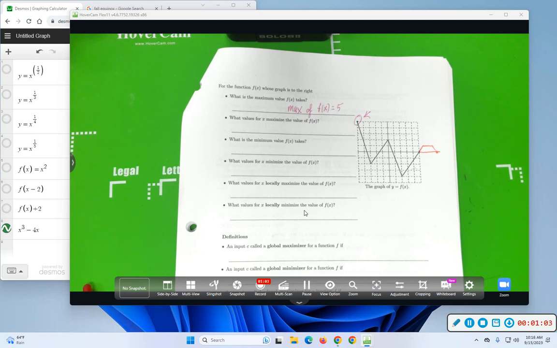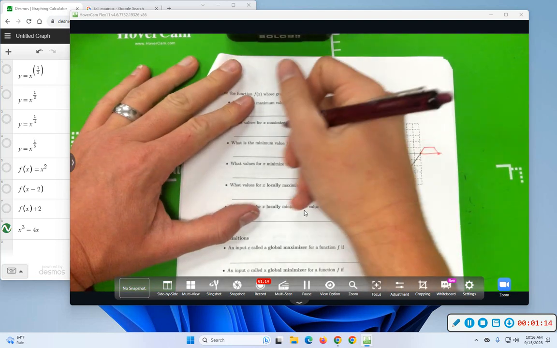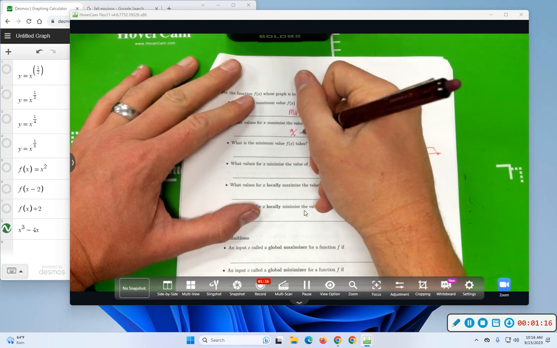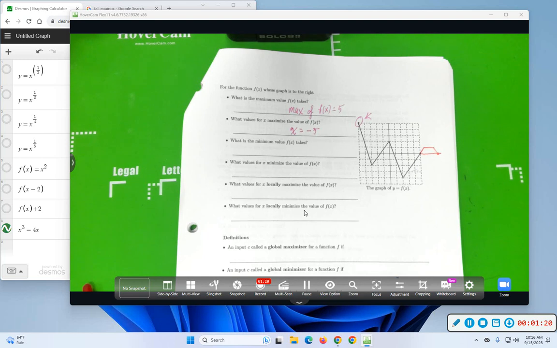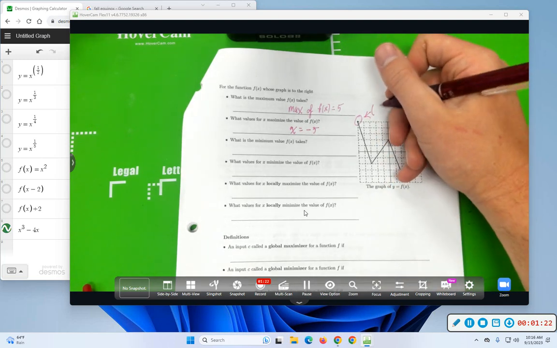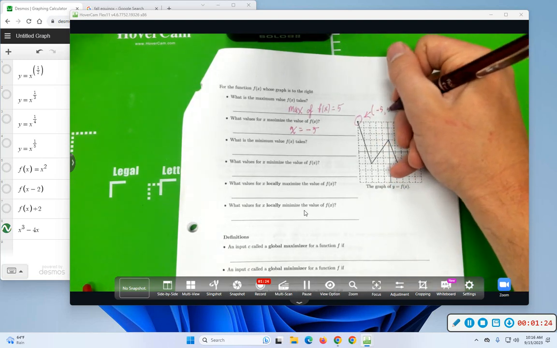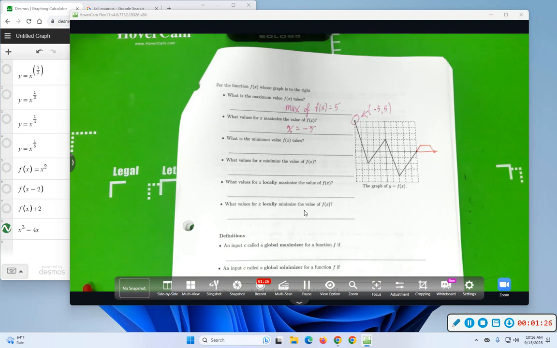Is it -6 or -5? I think it's -5. It's the one that's farthest to the left. Cool. And that's because this point at -5, 5 is the highest up point on the graph.